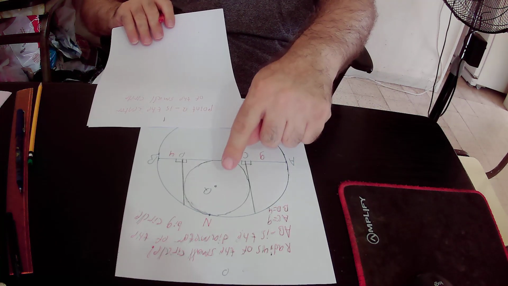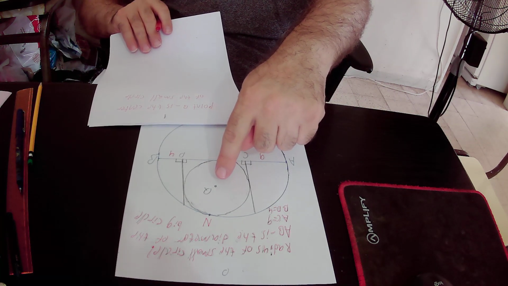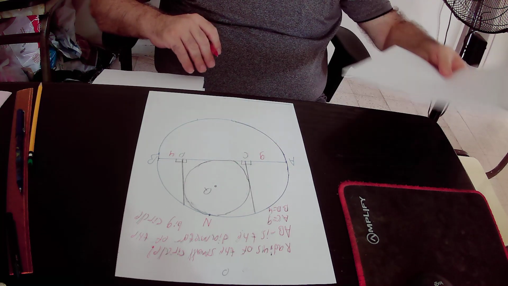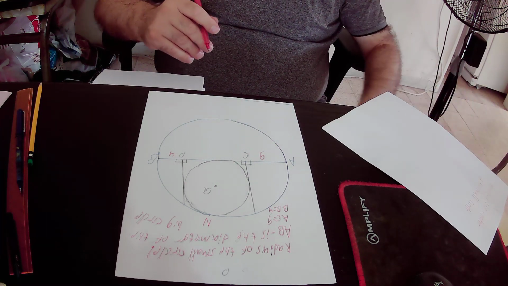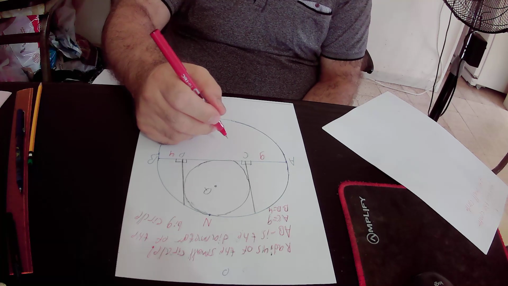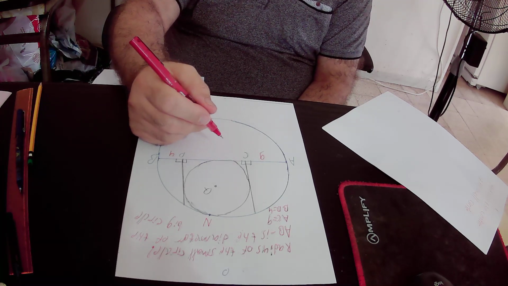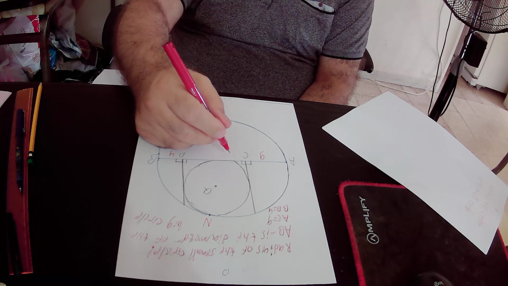This is point Q, the center of the small circle, and we will define point P as the center of the big circle.